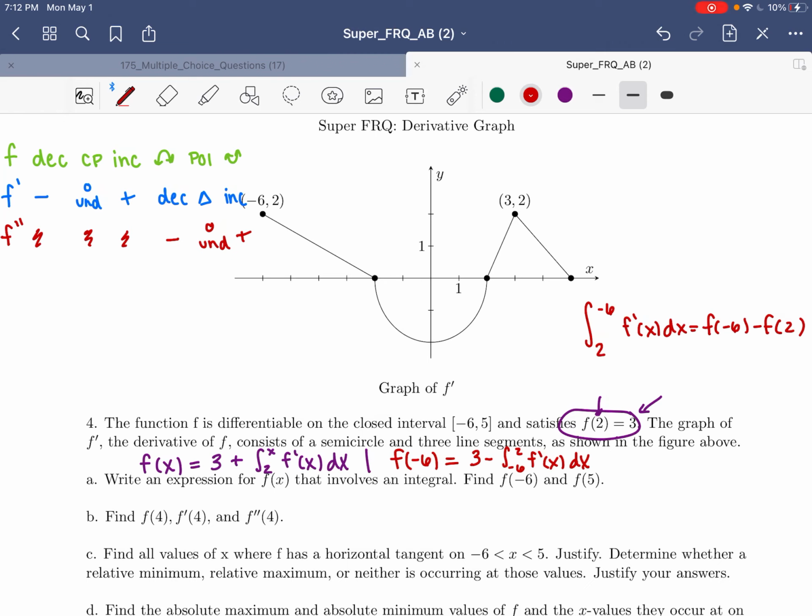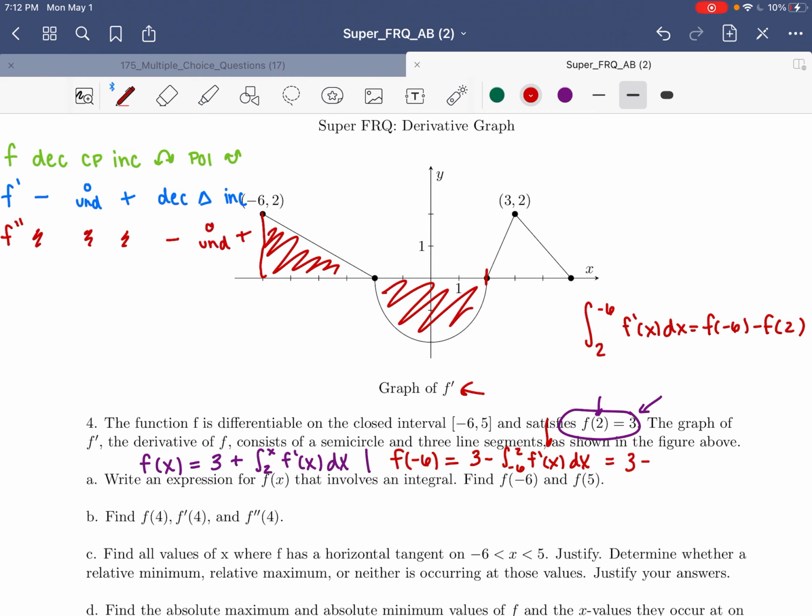Now, if I'm trying to evaluate this integral, notice I have f prime right here in my integral, and this is the graph of f prime. That just means I'm going to find the area under the curve from -6 all the way up to 2. So I'm going to find the area of this triangle and the area of this half circle.